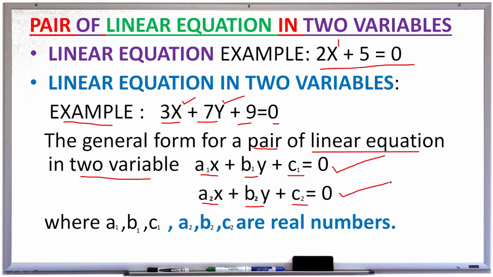This pair of linear equations is the general form, where a1, b1, c1, a2, b2, c2 are real numbers, and a1, b1, c1 are not equal to 0, and a2, b2, c2 are also not equal to 0.